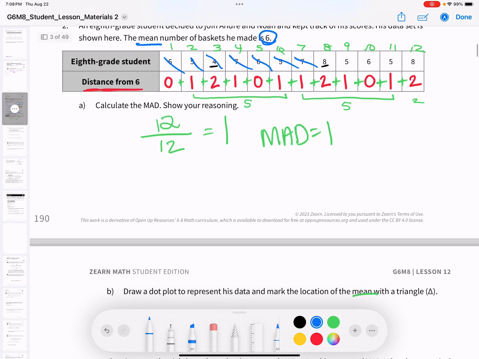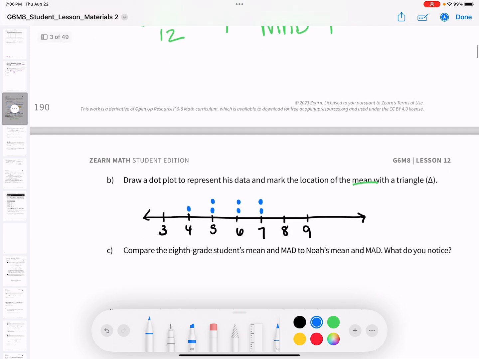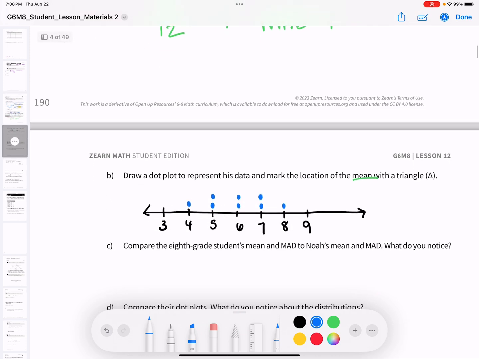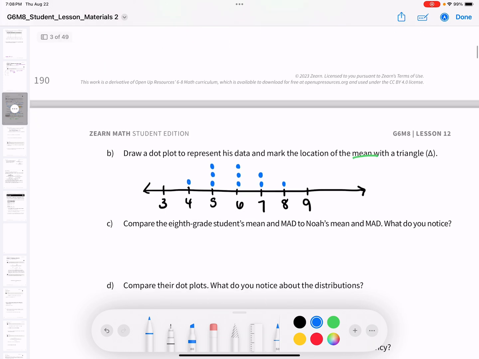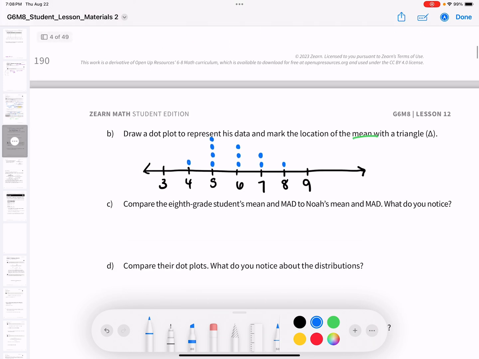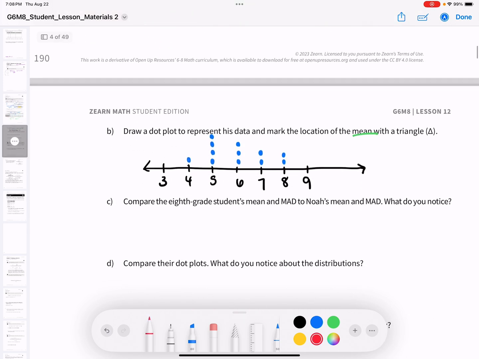He has an 8, a 5, and a 6. And he has a 5 and an 8. And then his mean was 6. So on this, I'm going to put a triangle at the mean. So there is our dot plot.